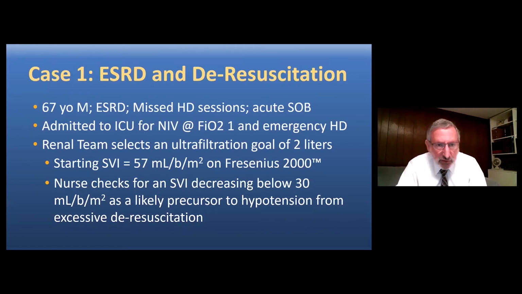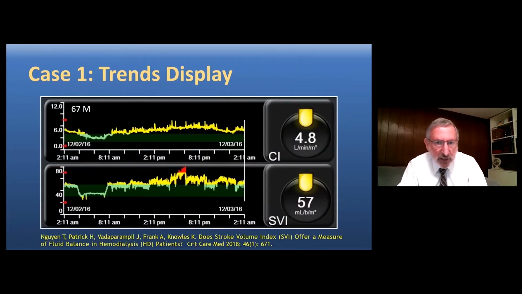Our nurses watch while dialysis is taking place to be vigilant so that the SVI doesn't alarm below 30 during ultrafiltration, because that suggests too much fluid is coming off. So let's look at the trends. The trend data for this 67-year-old is shown with CI at the top and SVI at the bottom.